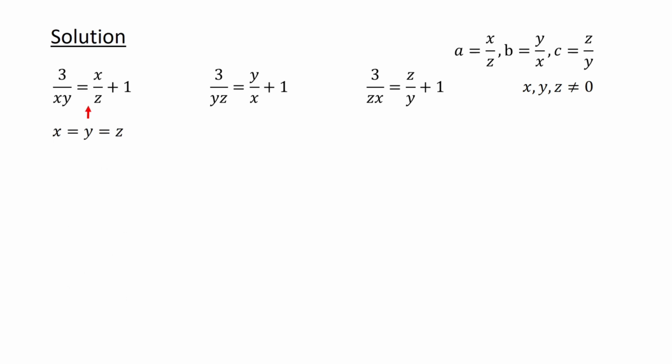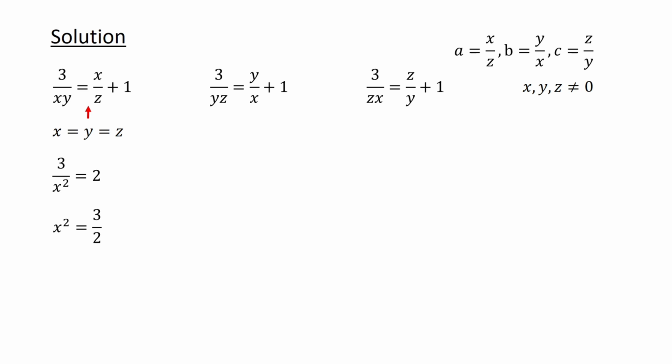Substituting y equals x and z equals x into 3 over xy equals x over z plus 1, we obtain 3 over x squared equals 1 plus 1, or 3 over x squared equals 2. Cross multiplying gives us x squared equals 3 over 2.